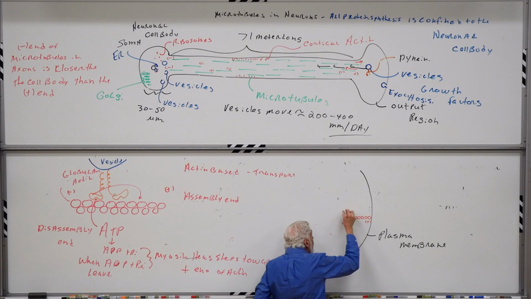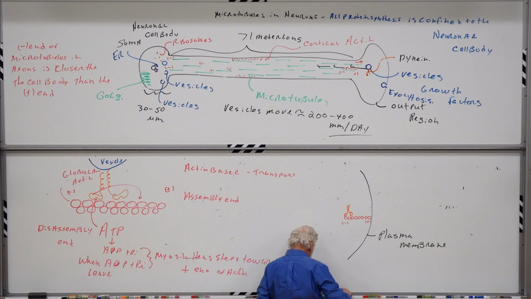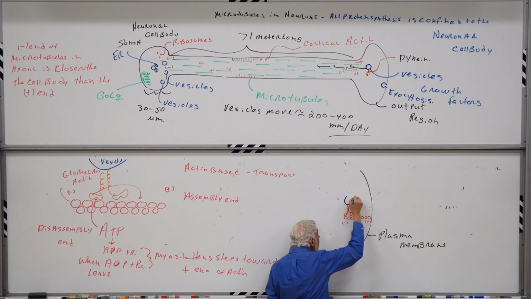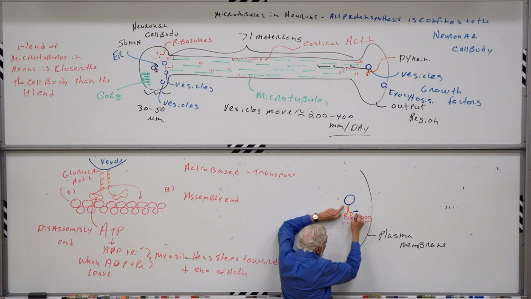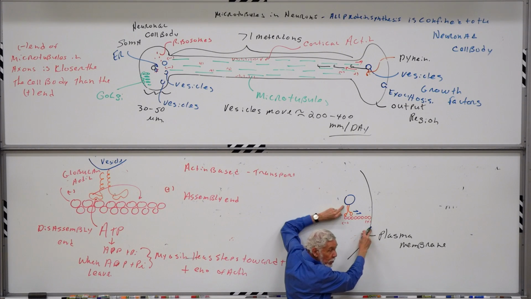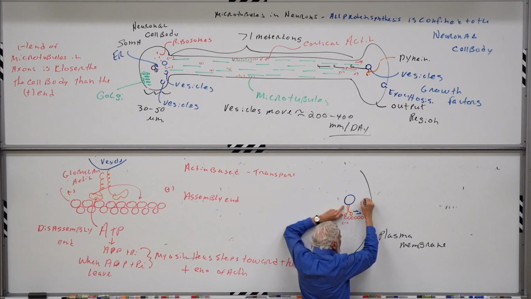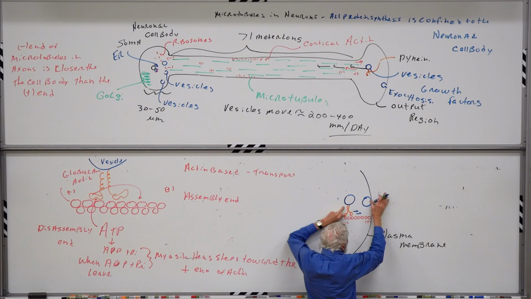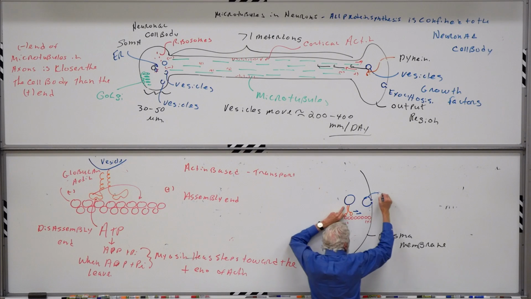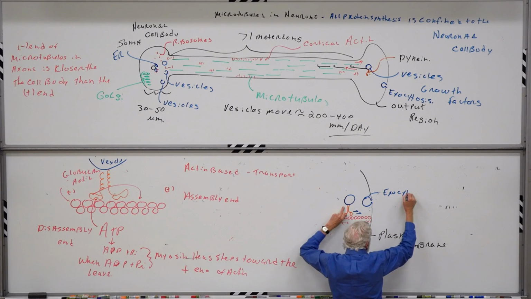And we can now imagine using the myosin molecules attached to a vesicle to transport this vesicle from the negative to the positive end, with the positive end attached to the cytoplasmic side of the plasma membrane, so that now we can deliver this vesicle right to the cytoplasmic side of the plasma membrane. This vesicle now is positioned so that through some other cell machinery, we can fuse the plasma membrane and the phospholipid bilayer of the vesicle so we can get exocytosis.